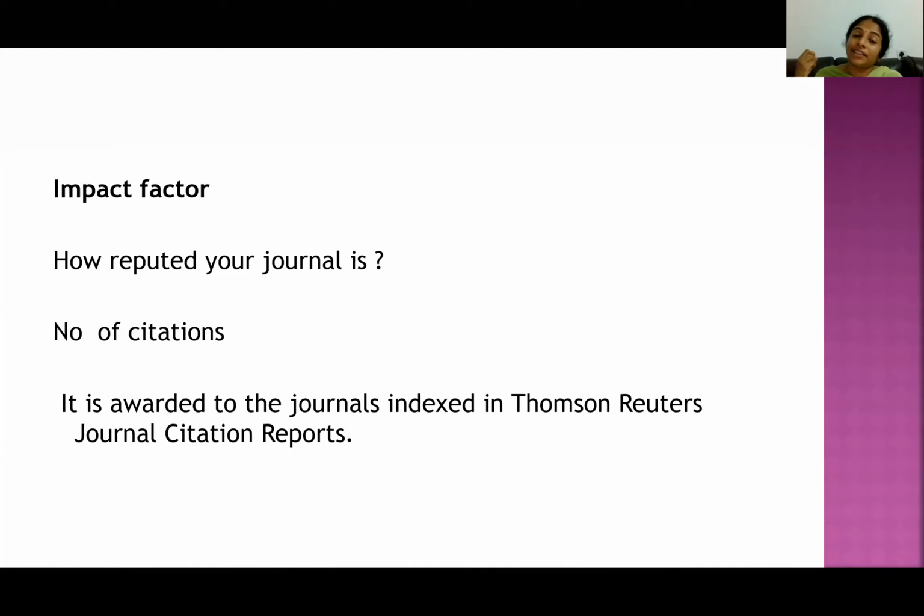Whoever does a study on coronary artery disease will always cite Salim Yusuf, so his study gets lots of citations. The INTERHEART study has been cited by so many authors that the impact of the journal in which it was published is very high.